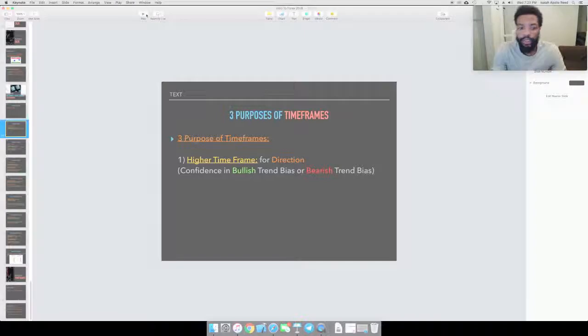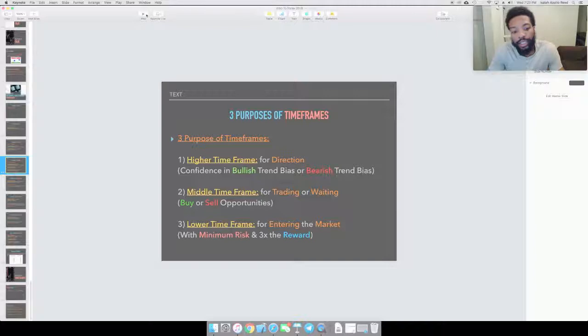So the three purposes of time frames: the higher time frame is for direction, confidence in bullish trend bias or bearish trend bias. The second time frame should be a middle time frame for letting you know if it's time to trade or to wait. So this middle time frame is showing you buy and sell opportunities.